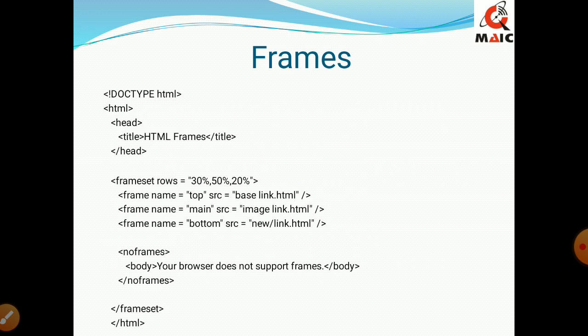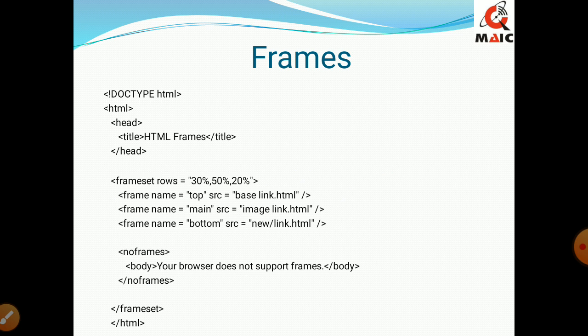So again, for every frame, we are giving the name and the source of the linked document that it will open up. Like in the first, the name is top and the source is baselink.html. In the second one, the name is main and the source is imagelink.html.